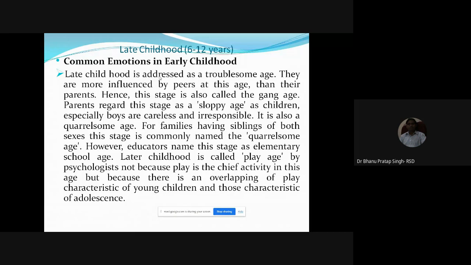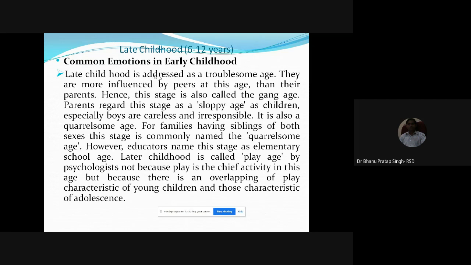So late childhood is addressed as a troublesome age. They are more influenced by peers at this age. The child argues with the parents, even argues about their friend, saying no, my friend is good. So this is the age where the child thinks independently.